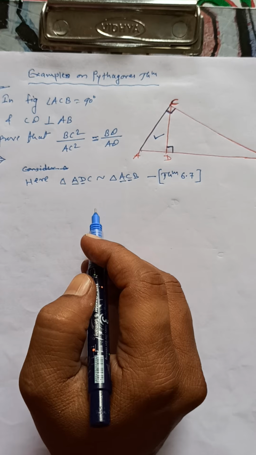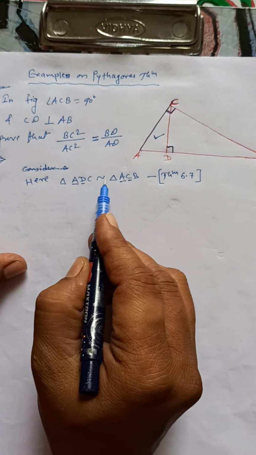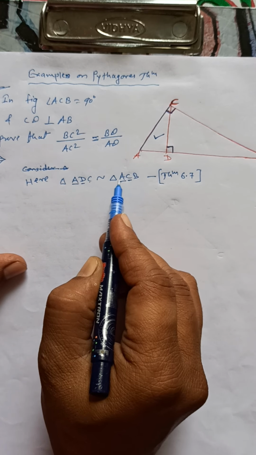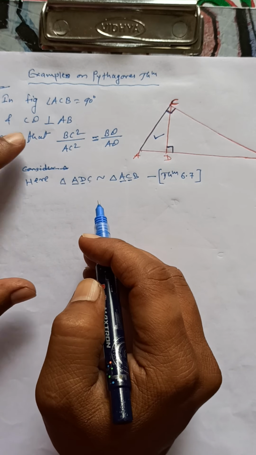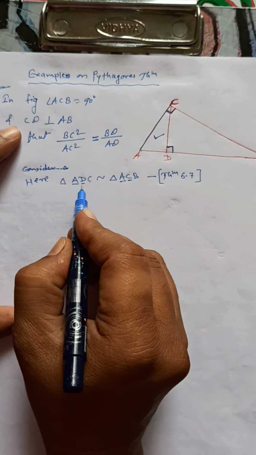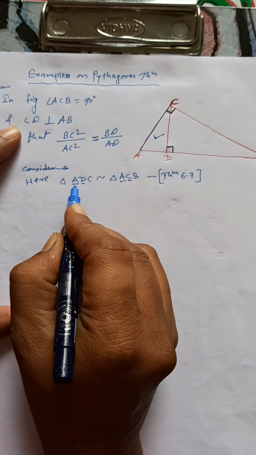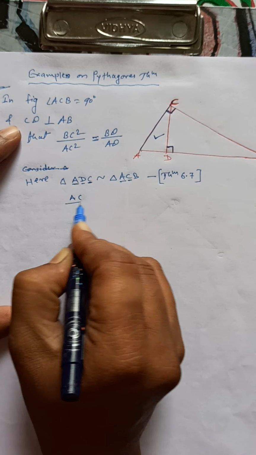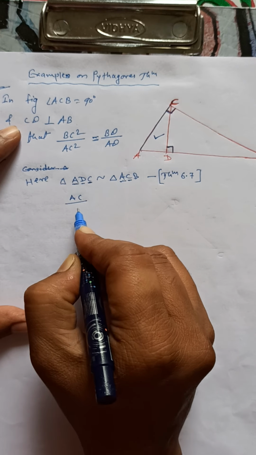So I want here BC square and AC square. I think from these two, AC is here, AC is here. So I will get AC square from it. If the triangles are similar, then their sides are in the same ratio. So what I will do here, I will take AC from the first one, A and C. AC upon, first and last AB.